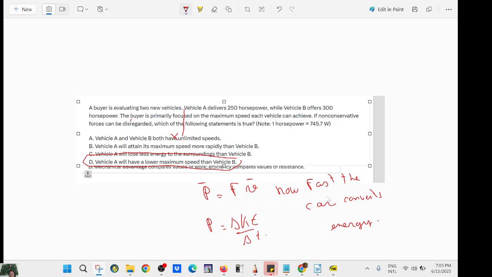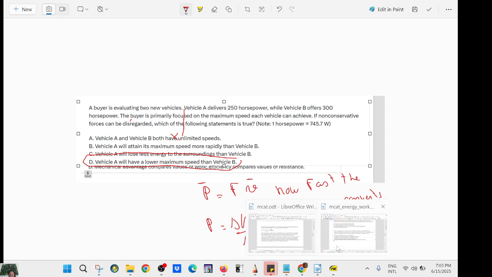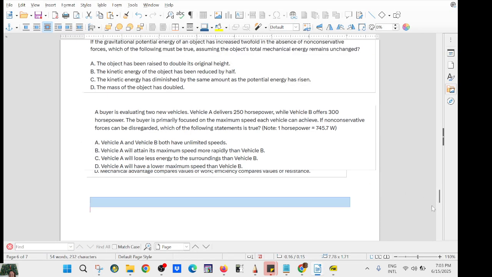Because it's going to convert energy quicker, so it's going to go faster, quicker. It takes less time to go really fast. Okay, so that will be D. Lose energy? No, it depends on how efficient the car is, right? Or how it is designed, so it depends on the design. Okay. Also, kind of tricky question.